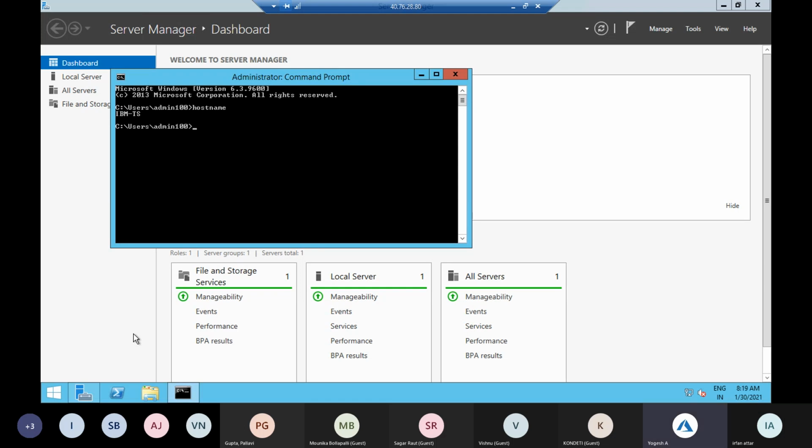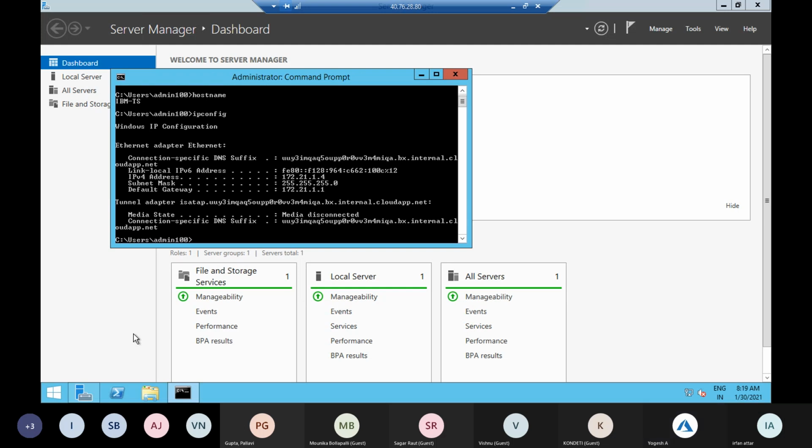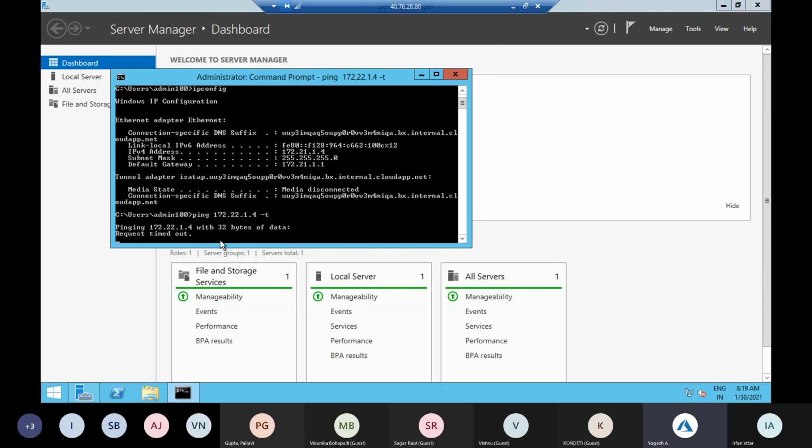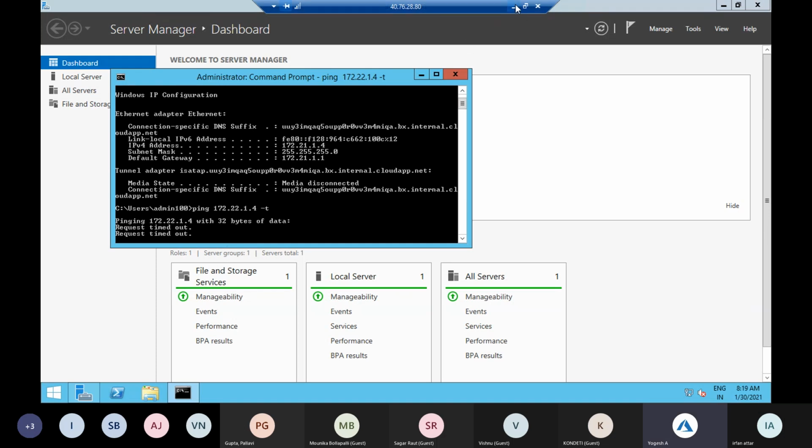Okay, so this is the IBM server, right? IP config. So this is 172.21.1.4. So what we'll do, we'll try to ping the other server, which is 172.22.1.4. Okay. So currently we have not configured the connection at the HP side, right?